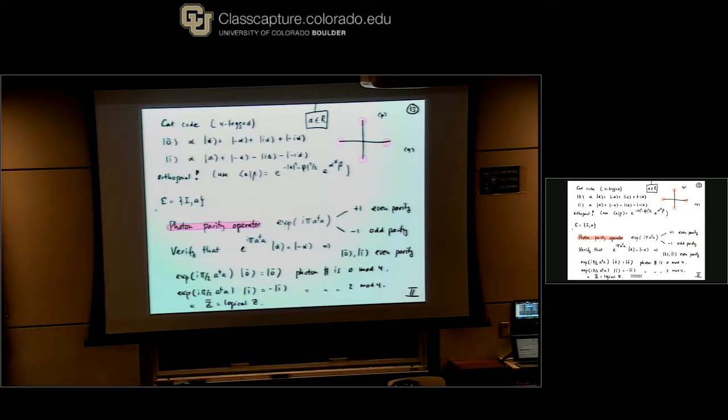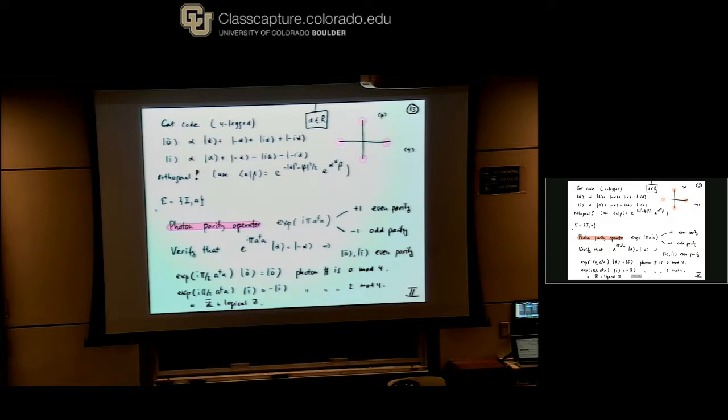Now what you can see, if you verify that, because all these things come with a plus, this is an eigenstate of this parity operator, the photon number modulo 4. It's a +1 eigenstate. And this is a -1 eigenstate of this operator. The photon number is 2 mod 4.